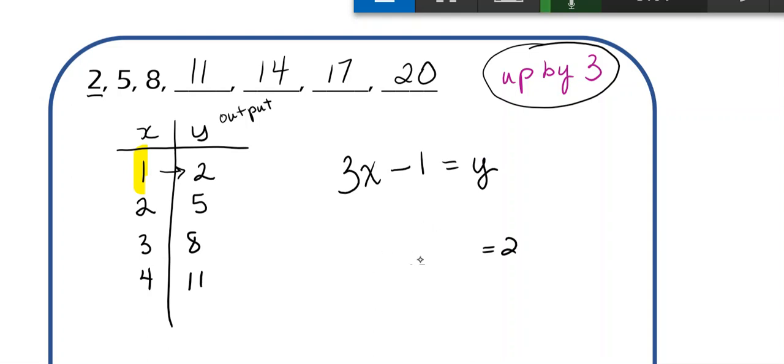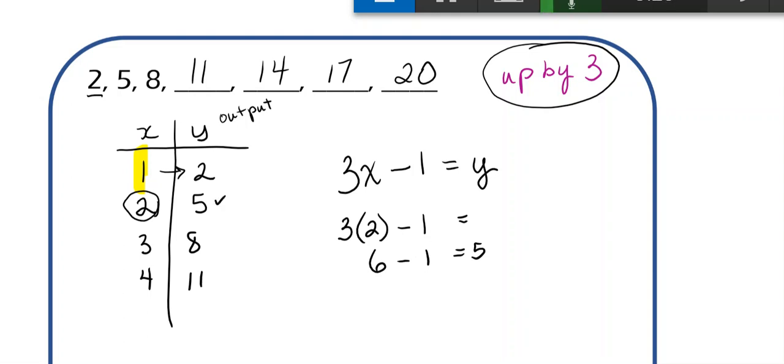Now, the interesting part, we're going to double check that this is actually a good rule here. We're going to check it with our second number. If I take my second number and multiply it by 3 and subtract 1, we get 6 minus 1, which is equal to 5. And that's what we get for the second one.